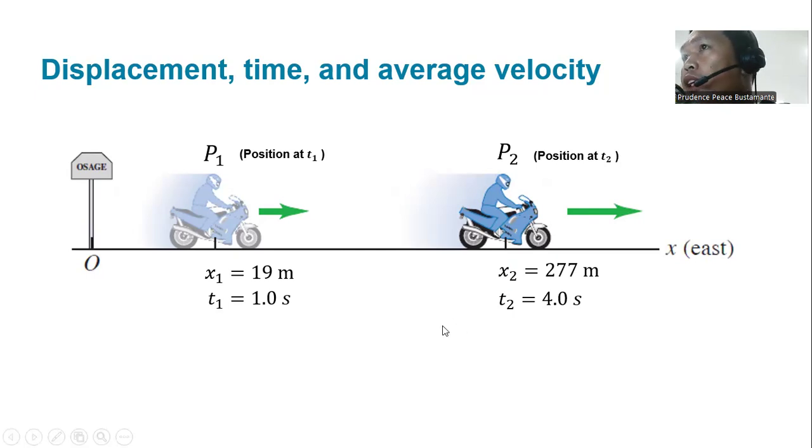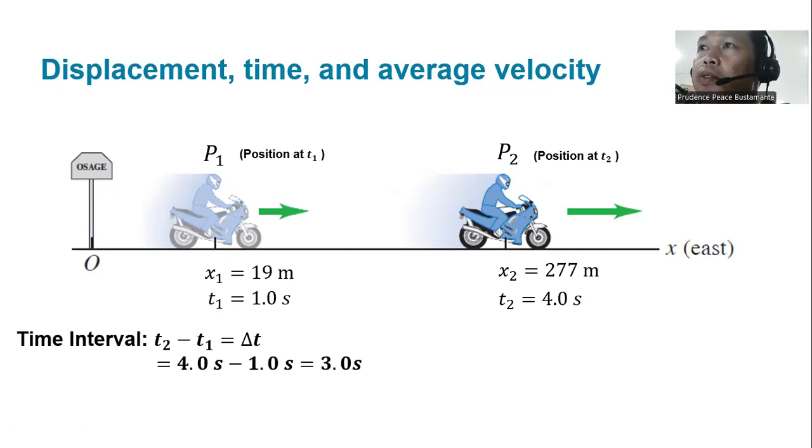At a later time t2, after 4 seconds, his position now is 277 meters from the origin. If you are interested in getting the time interval from t1 to t2, the formula is just the final time minus the initial time, which is 3 seconds.